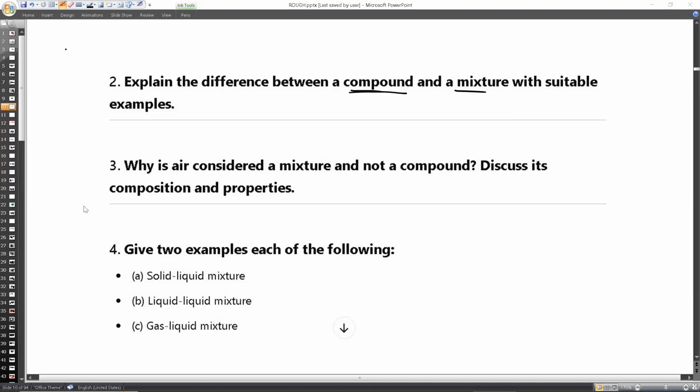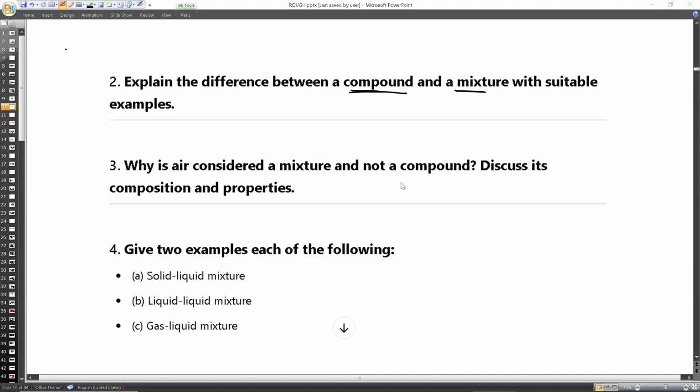Done? Now it is very simple: why is air considered a mixture but not a compound? Can anybody answer this question?